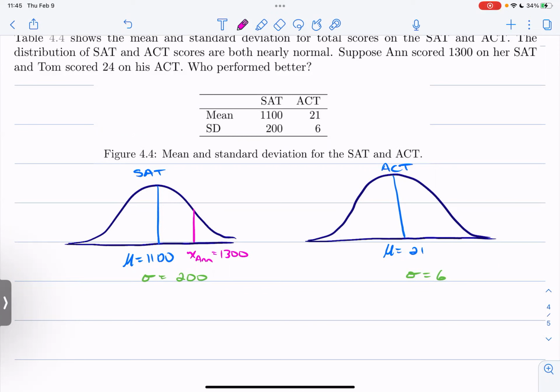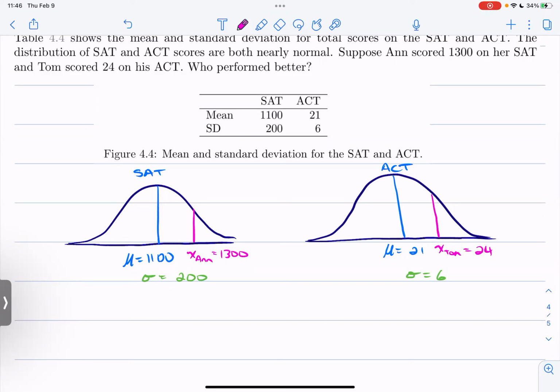Again, it's really important that 24 is placed above 21, but besides that, you just wanna give yourself room so you can see where it is. So X for Tom was 24.